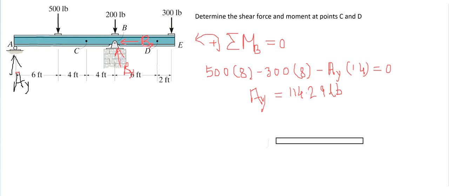Let us now look at the section AC. Now at C, we will have a horizontal normal reaction called NC. We will have a shear force VC. At A, we have the vertical reaction from A called AY, and we have a load of 500 pounds.